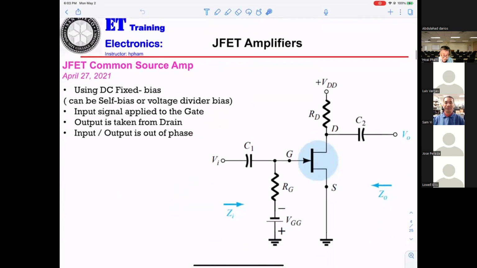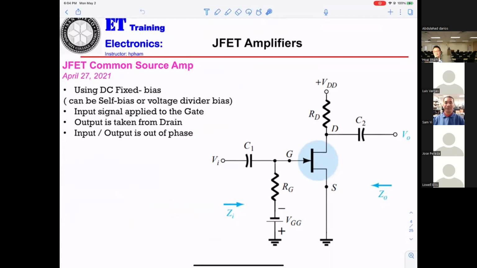Okay, JFET common source amplifier. The first one we will learn is common source. When you're looking at the circuitry, we need to identify something. First thing, what DC bias circuitry applies to this circuit?